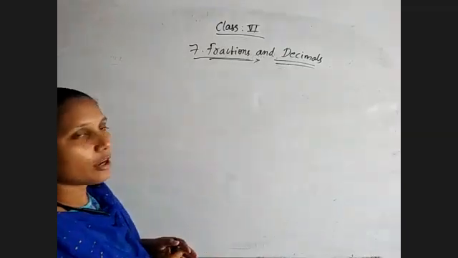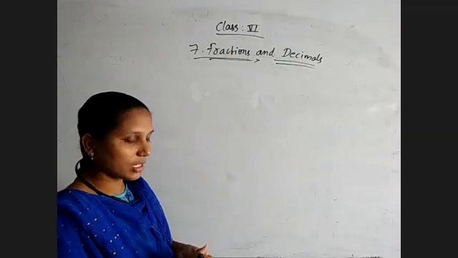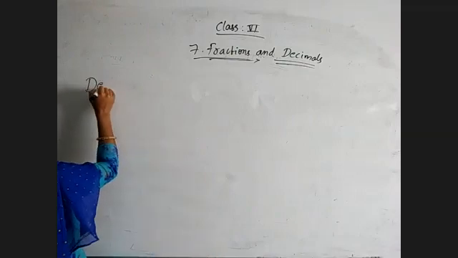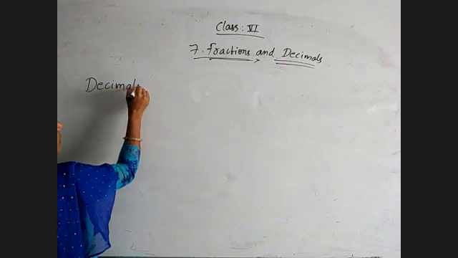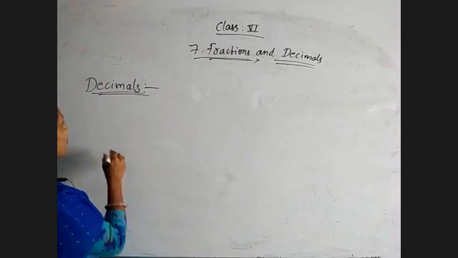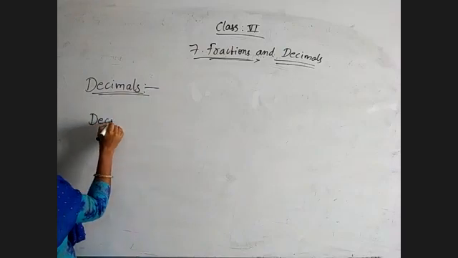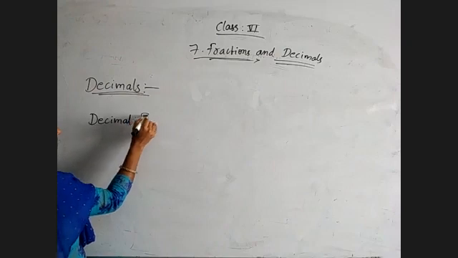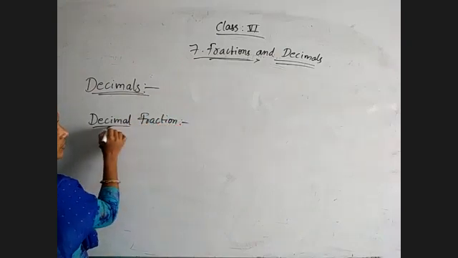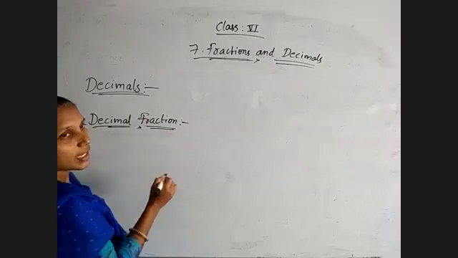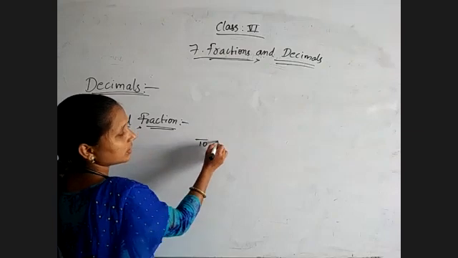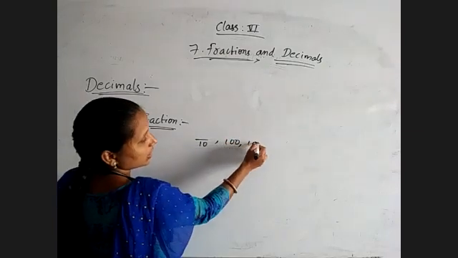Okay, first of all, what is meant by a decimal? After that we will see where we are using it. So the second part of this chapter is decimals. See, at the start I explained what is meant by a decimal fraction. In types of fractions, we have studied this also. A decimal fraction is nothing but a fraction which has the denominator 10 or 100 or 1000 like this.